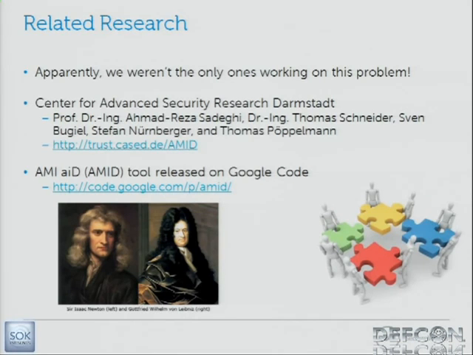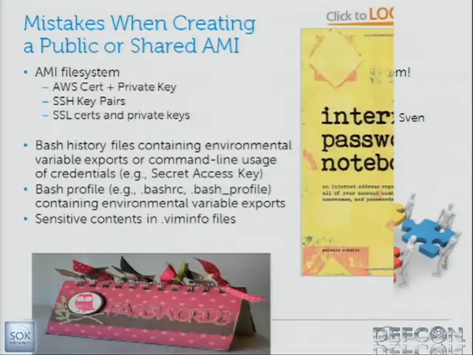So they're similar, but the approaches are slightly different. And we've scanned more images and have a little bit larger data set from our tool. But I just wanted to highlight that there's other people working on this, and it's possible that there's others that aren't publishing it. So this is probably something that's being done in the wild.